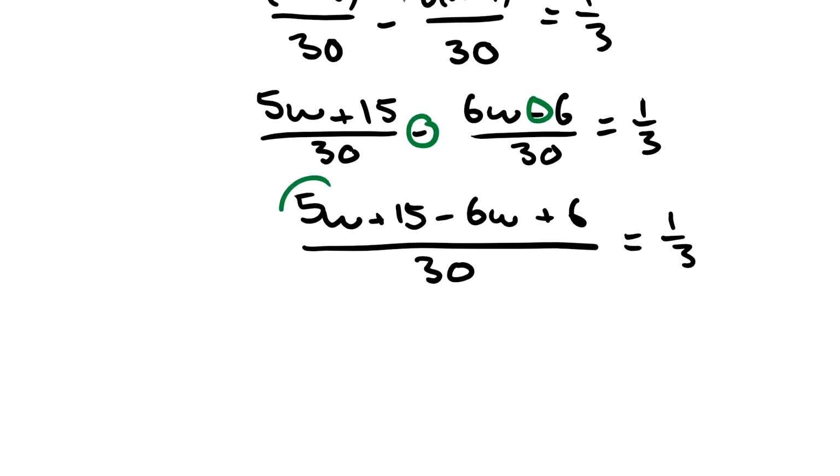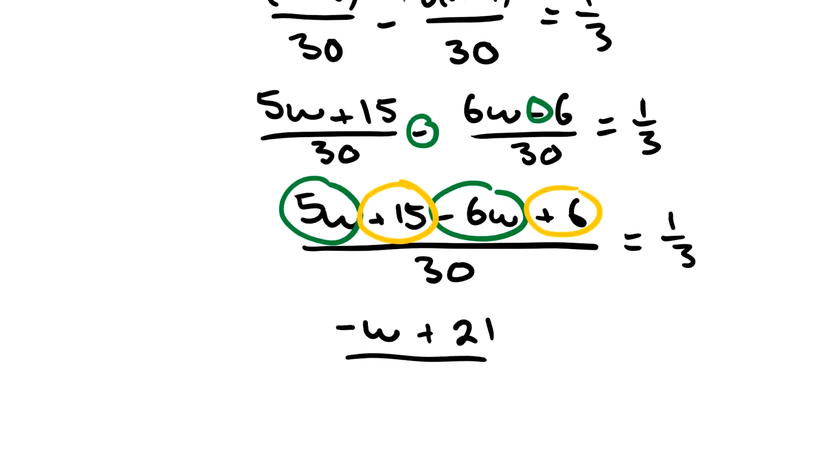So I can add my like terms here. So what I get is 5w take away 6w is negative w. 15 plus 6 is 21 over 30 equals 1 over 3.